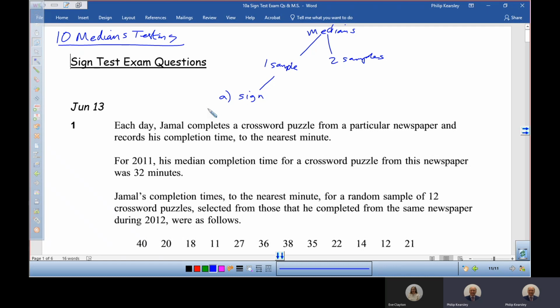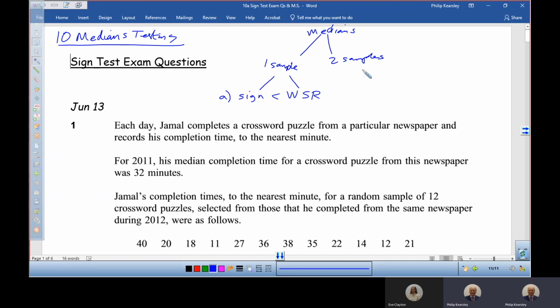We'll do some of those straight away. Or you can do the improved technique, which is Wilcoxon sign rank. I've written here Wilcoxon sign rank is greater than sign. I've written it back to front. But yeah, sign rank is the better technique than sign.